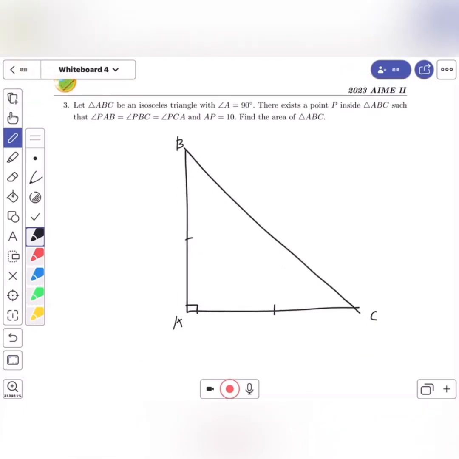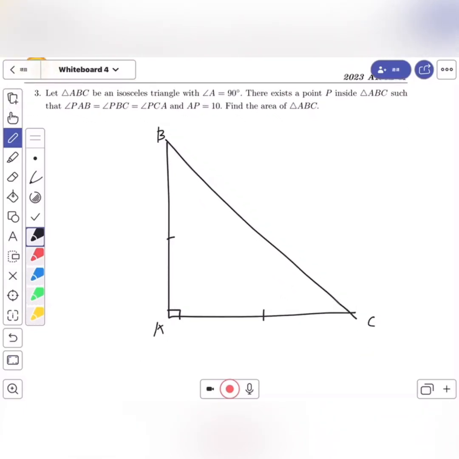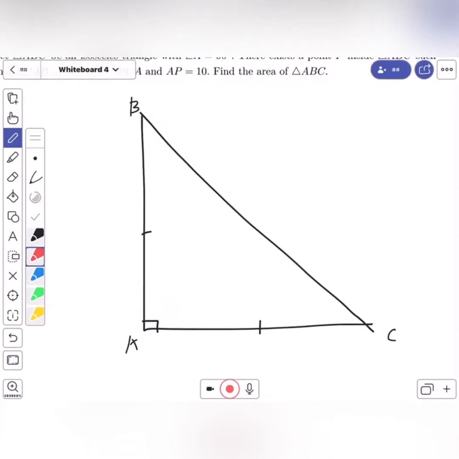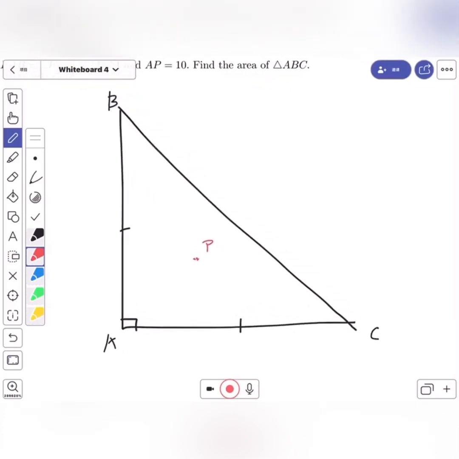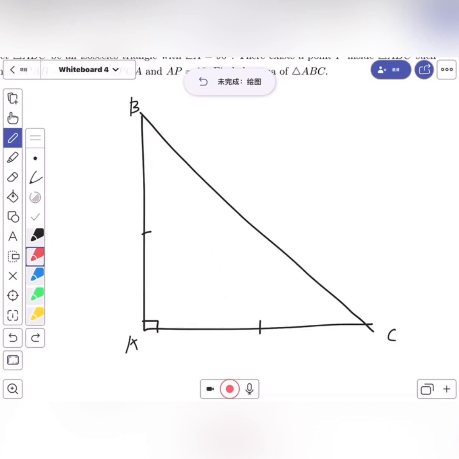Now, the degree of angle PAB is equal to angle PBC is equal to angle PCA. So let's just say that there exists a point P. This might not be the best place.